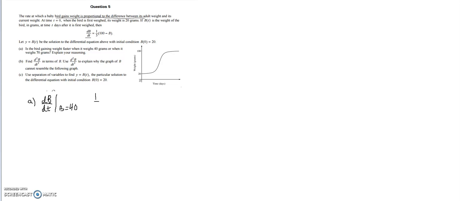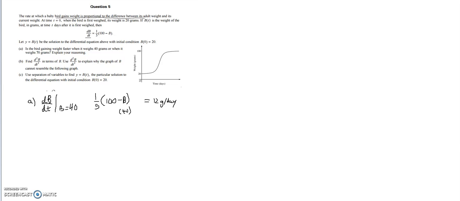So 1/5 times (100 minus B), and if you plug in B as 40, you'd have 60 on the inside, and 60 over 5 equals 12 grams per day.